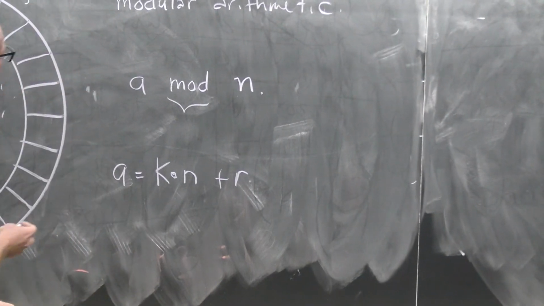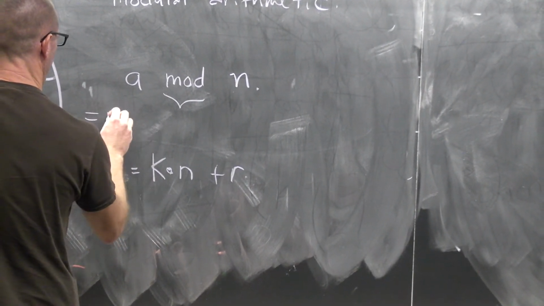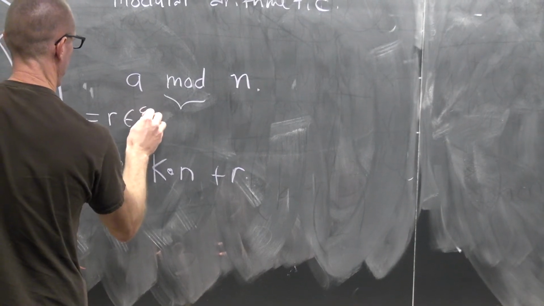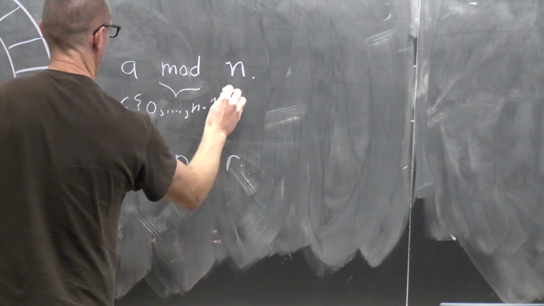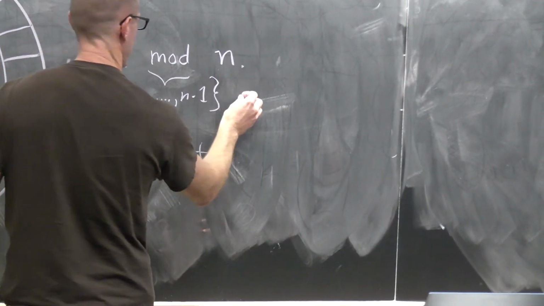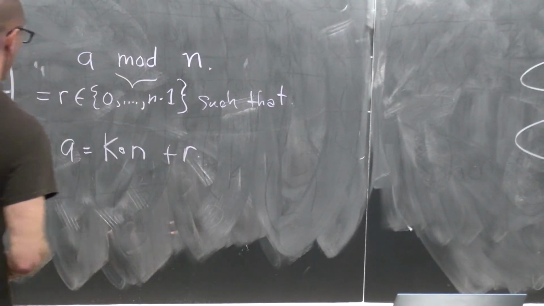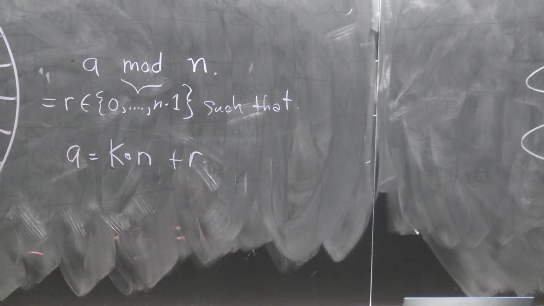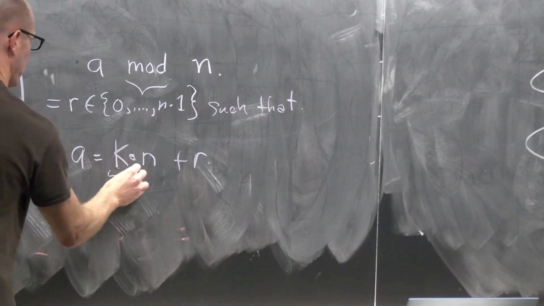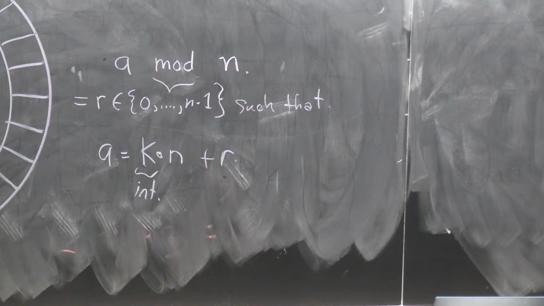So a mod n is equal to the unique value r in 0 through n minus 1 such that you can write a as some integer multiple of n plus this remainder r.